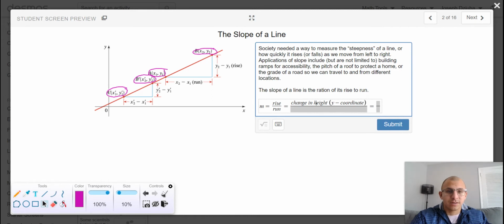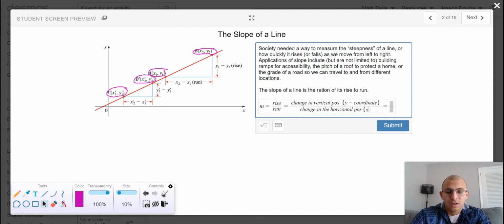I should say, vertical position. So the change in the vertical position of the 2 coordinates, and the run would be the change in the horizontal position, which is the x coordinate.